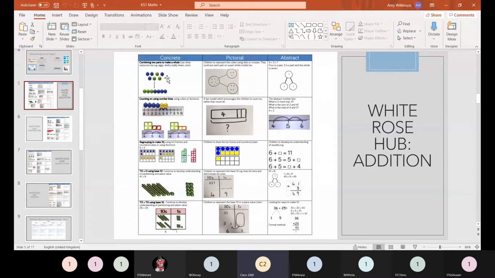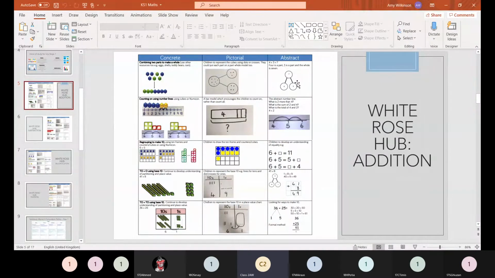Concrete is using physical resources to help support the learning. Pictorial, as you can see by the examples here, is all about using pictures and drawings. And abstract is looking at a concept either in a different context or in a different way. It often involves missing number problems and different ways of representing a context.